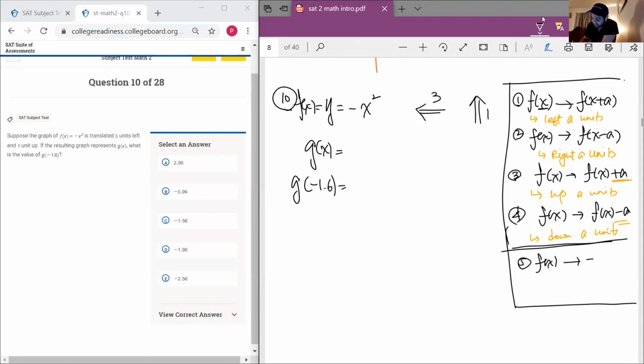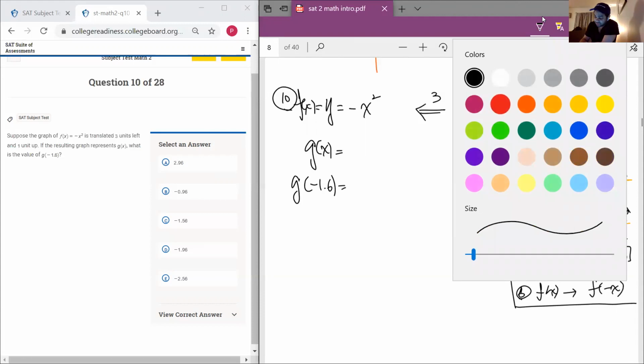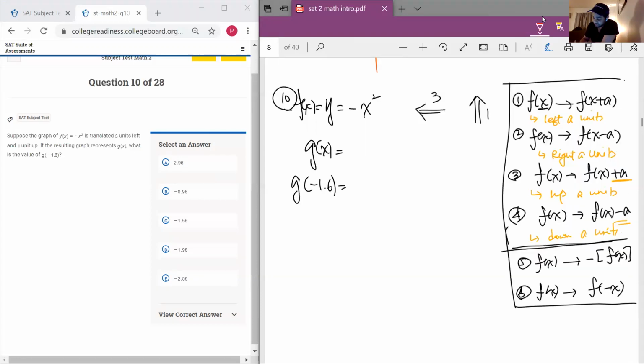Then we have our f of x. If I multiply the entire function by -1, or f of x, and if I replace each input by -x, these are our famous reflections.